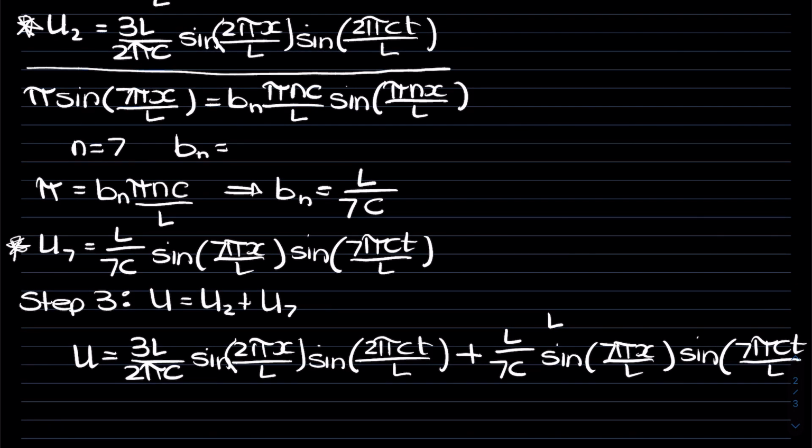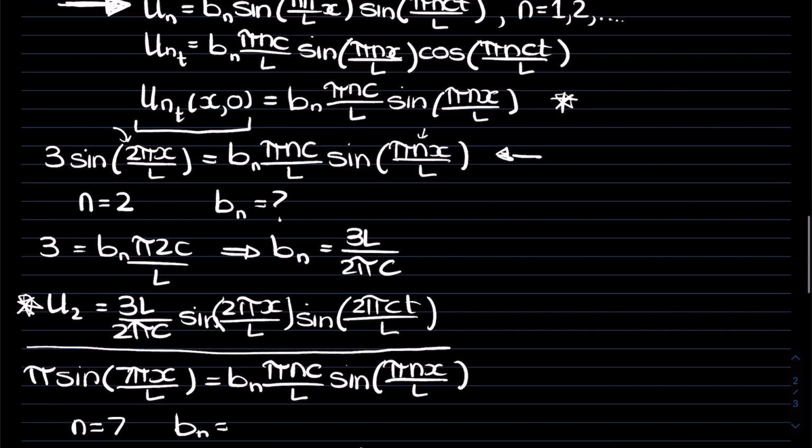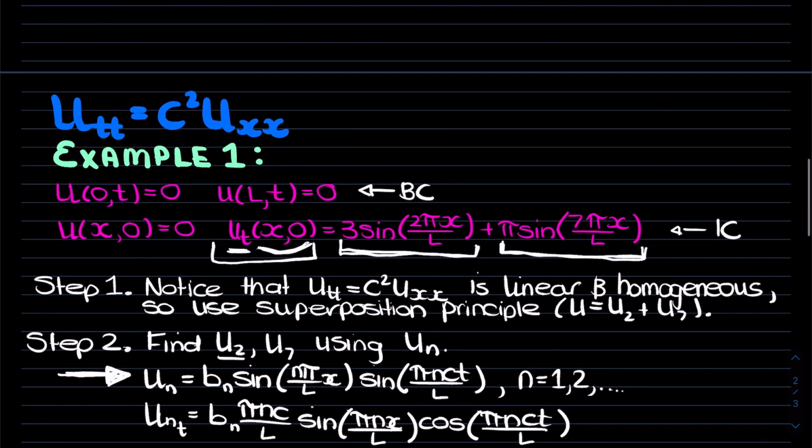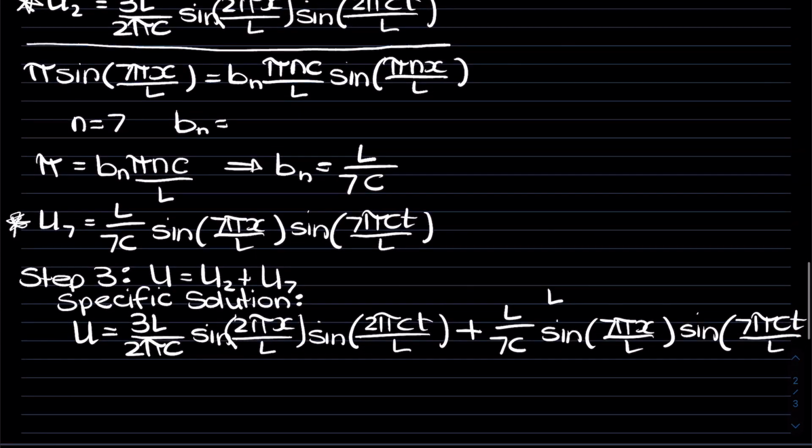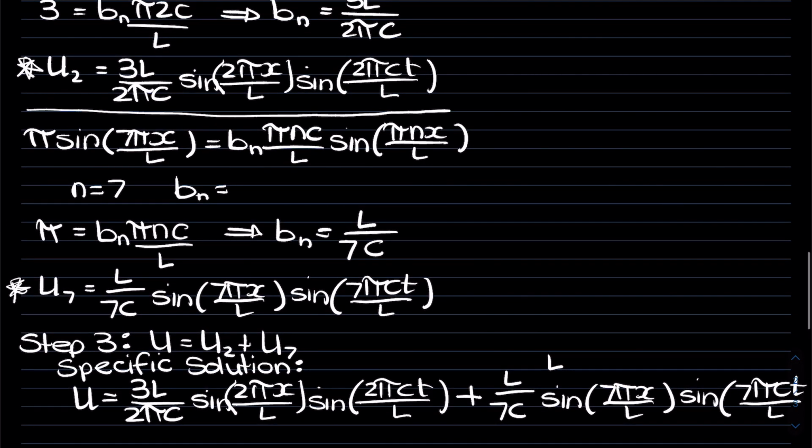I'll just write it in here, specific solution. So this solution here fulfills all of the boundary conditions and initial conditions, all of these up here. So hopefully that makes it clear.